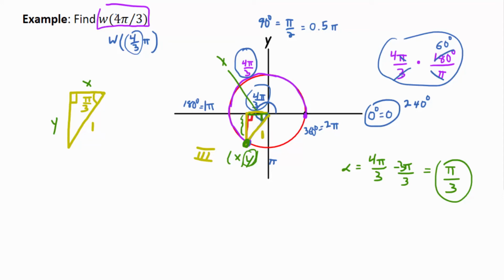So we'll deal with the negative in a second, but let's pretend like the negative's not there. What's the cosine of pi thirds? Adjacent over hypotenuse. X over 1. Oh, that's just x, isn't it?